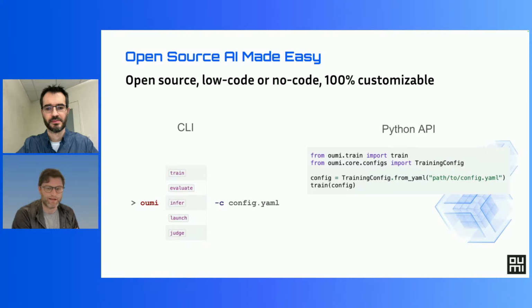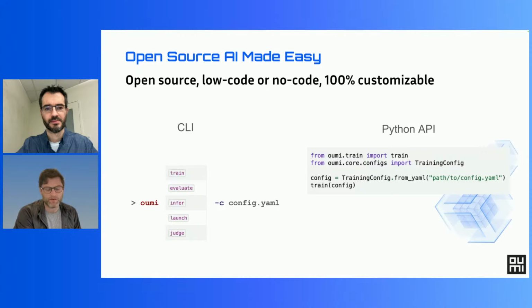There are three ways that you can use open source Oumi. The first is through our command line interface. You pip install the Python library, and then you have access to this command line interface tool. You run it like this. You call oumi, and then one of a number of different verbs, the step of the pipeline that you want to complete.